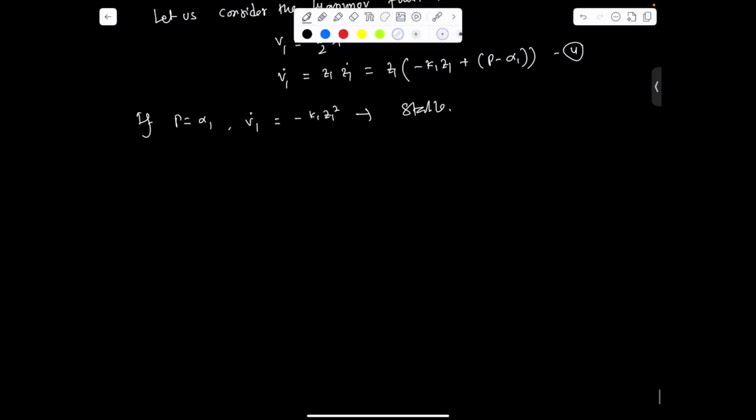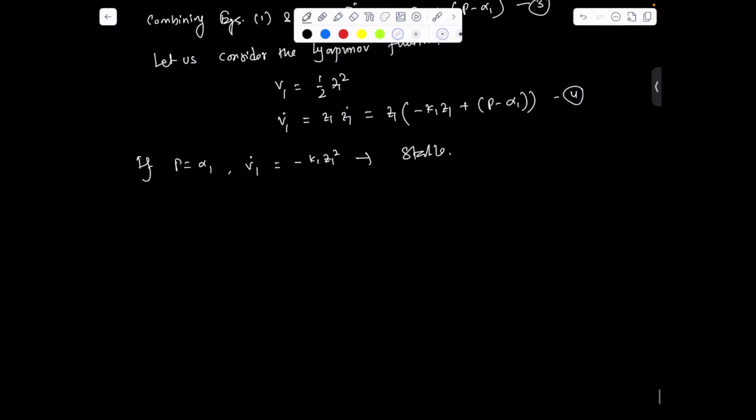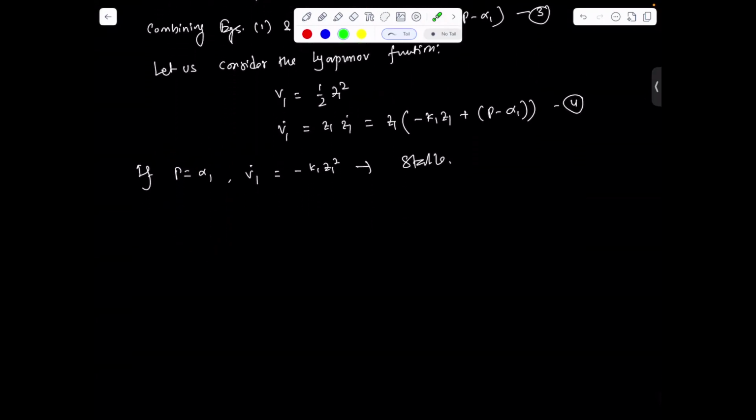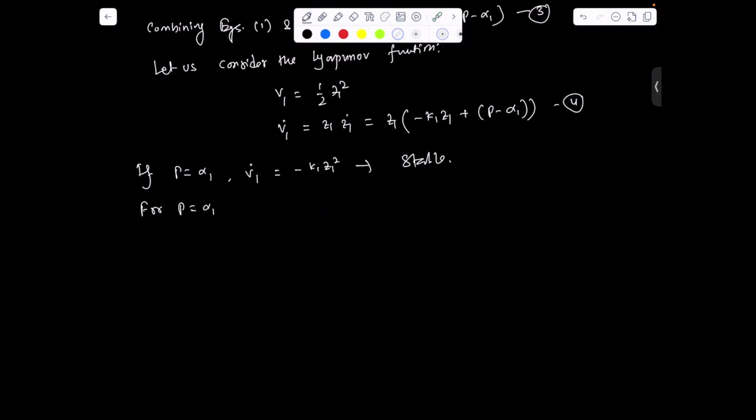So now also you can find, for this particular condition, we can come up with the expression for G1 dot. So from equation 3, for P equal to alpha 1, we can write G1 dot equal to minus K1 G1.